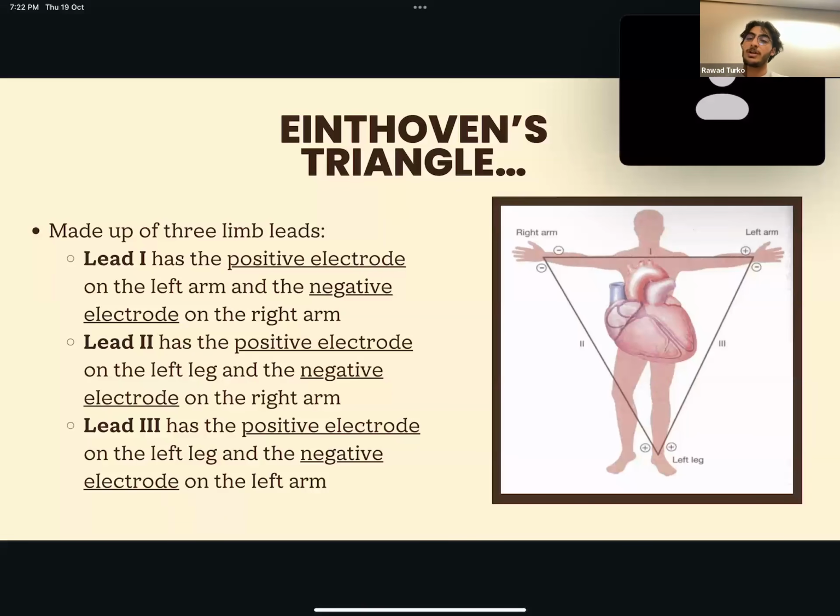But in lead 3, we're still looking from the positive electrode on the left leg, but this time in the direction of the left shoulder. Okay, so it's different views, both inferior views. So that's Einthoven's triangle.